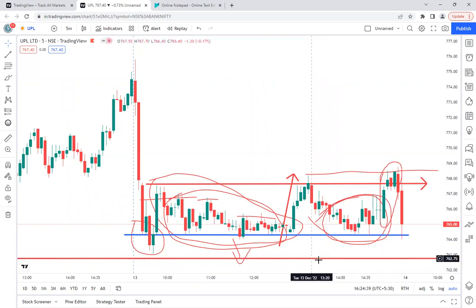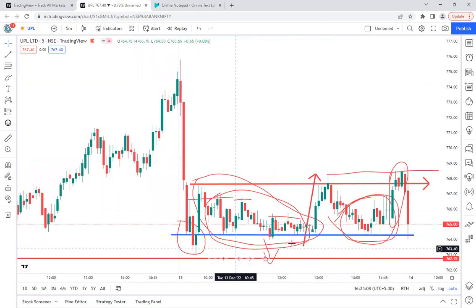They used this level to trap as many intraday traders as possible, and they killed them twice in this day. Even on the second attempt, they did not let the retail traders get a profit out of it. They intentionally killed again and again. So 2 times they made this manipulated move and killed all the intraday sellers today.